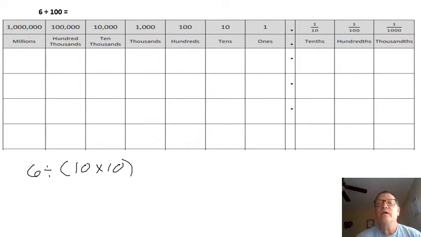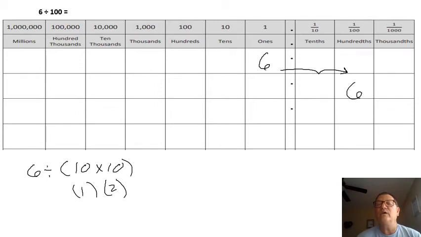So here I have 6 in the ones place. It's going to shift 1, 2 positions because I'm dividing by 100, which is 10 times 10. So the 6 is going to go 1, 2, right to here.